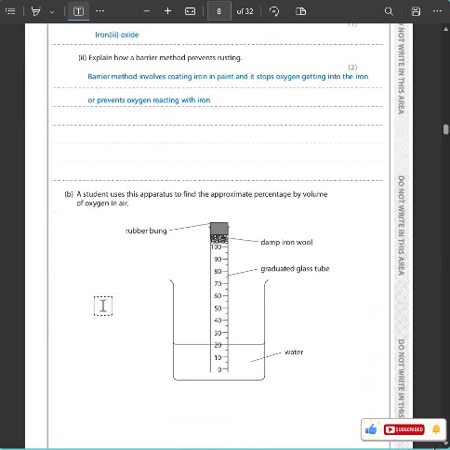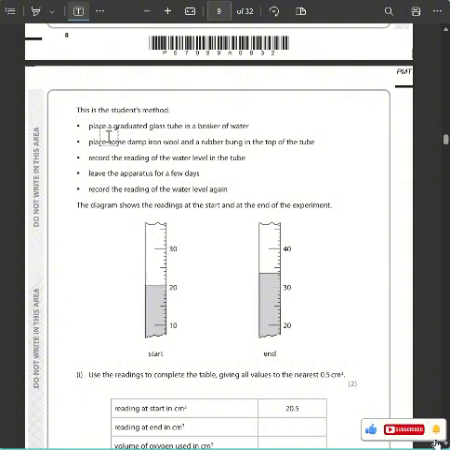Okay, the next question. A student used this apparatus to find the approximate percentage by volume of oxygen in air. The student's method: place a graduated glass tube in a beaker of water, place some damp iron wool and a rubber band in the top of the tube, record the reading of the water level in the test tube, leave the apparatus for a few days, record the reading of the water level again.